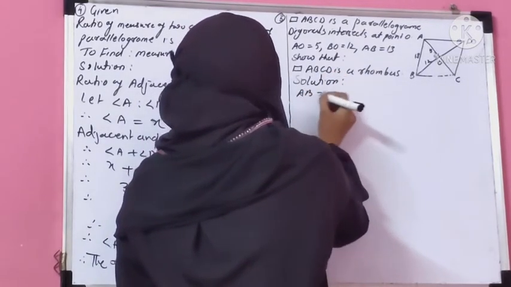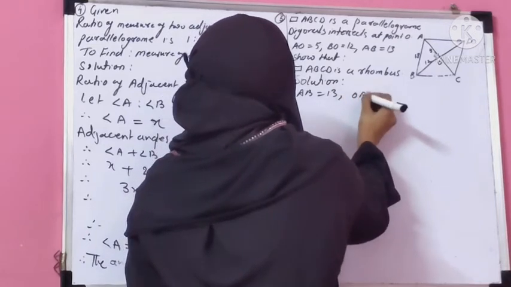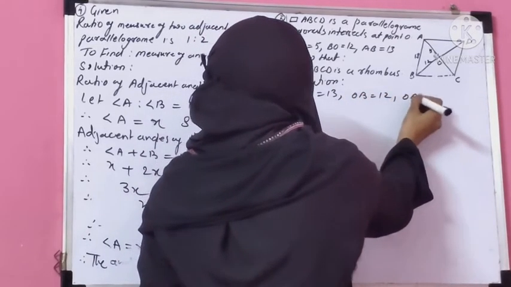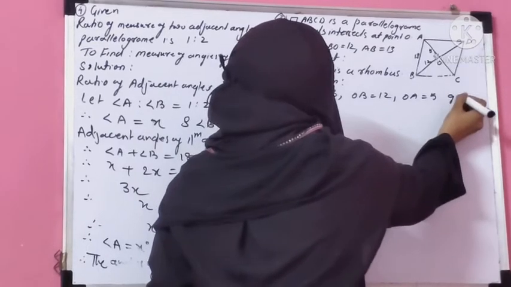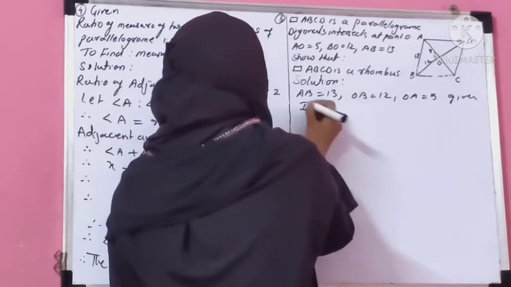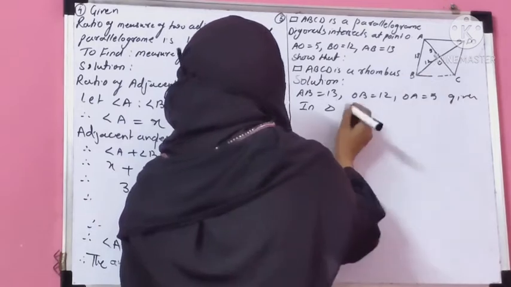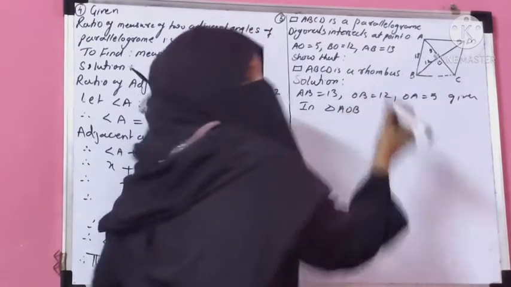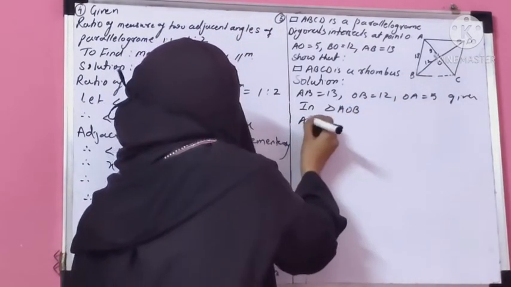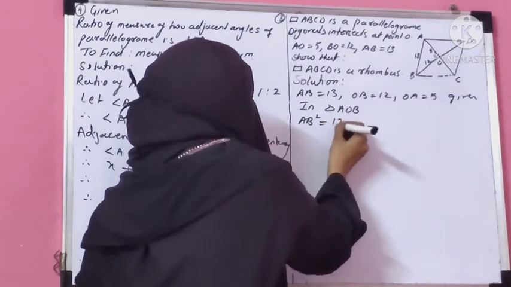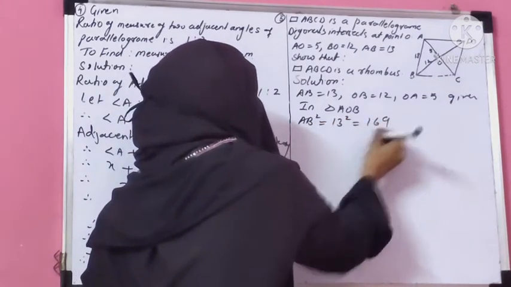AB is equal to 13. OB is equal to 12. OA is equal to 5, given. Now let's start in triangle AOB. Greater side AB square, that means 13 square is 169.